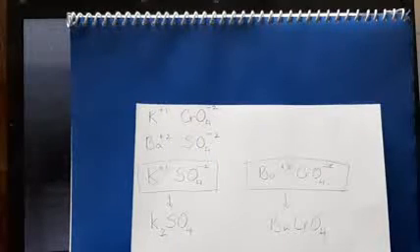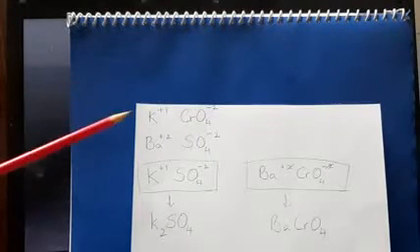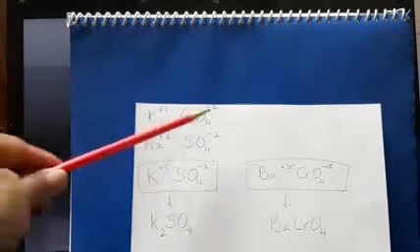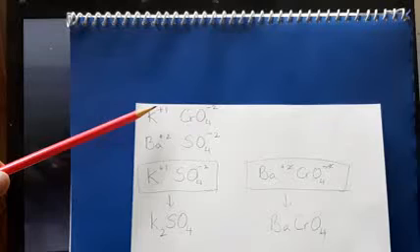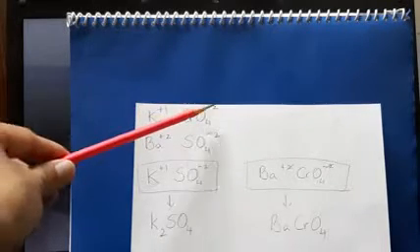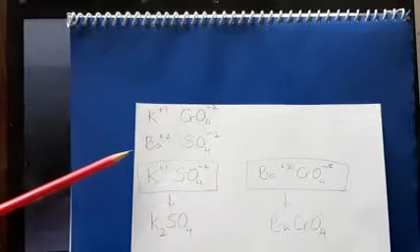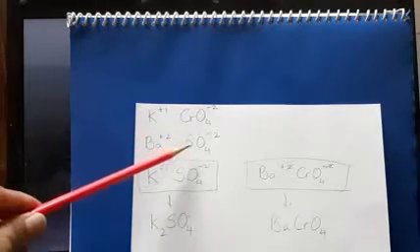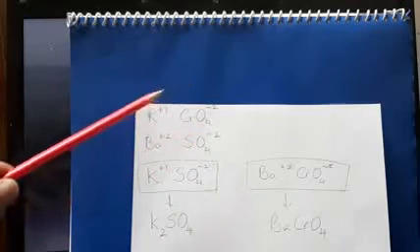Just to understand how the two products are formed, here you can see K2CrO4 splits up into its ions, which is K with a positive 1 valency, and CrO4 whose valency is -2. Whereas BaSO4, Ba, its valency is +2, and SO4, this radical, is -2.